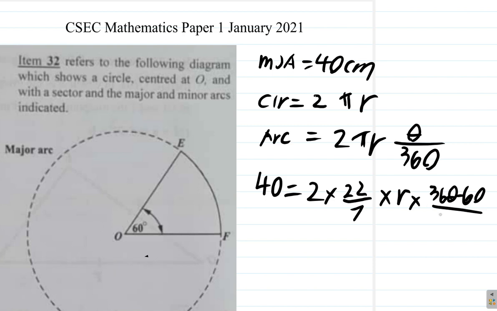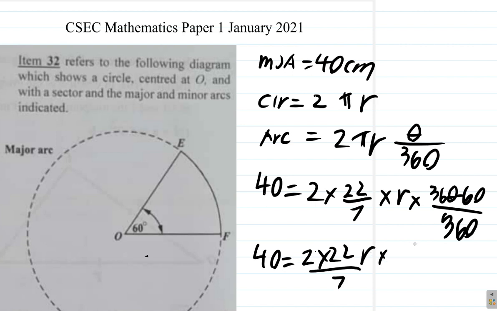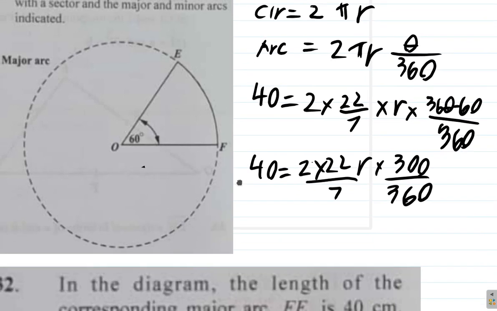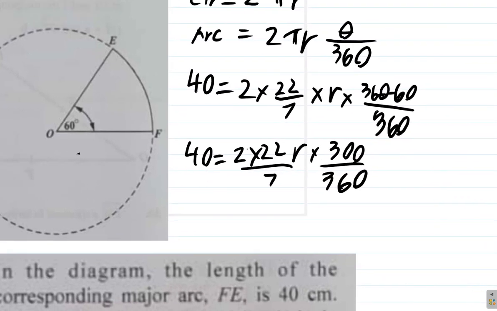So this over 360. So what you have is 40 equals 2 times 22 over 7 times r times 300 over 360. So what we do is calculating the radius of the circle.